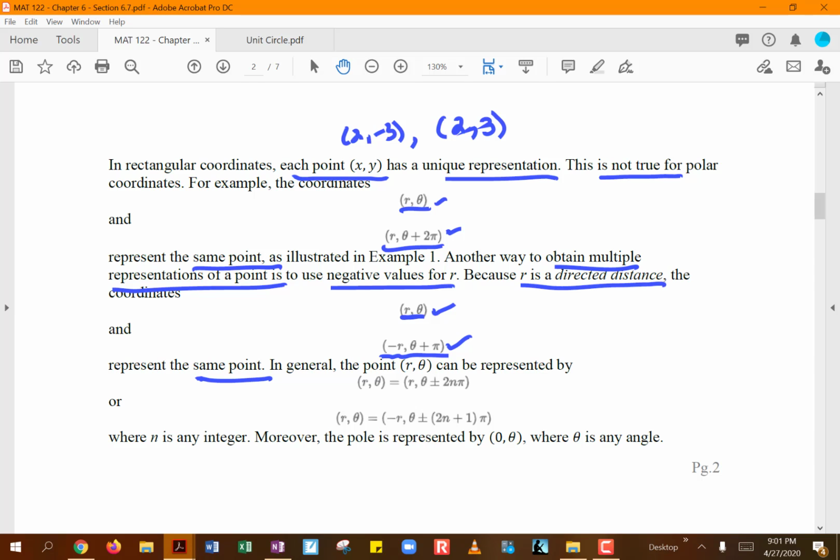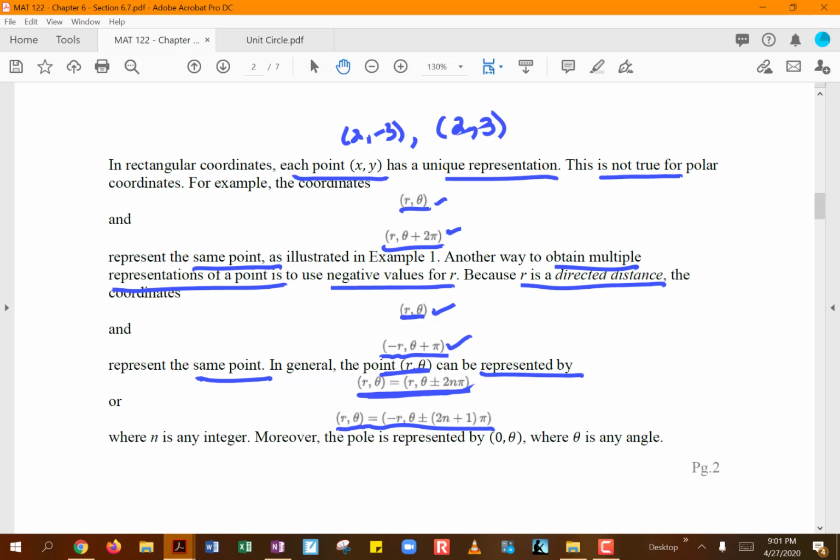So we are saying in general, the point r comma theta can be represented by either adding or subtracting multiples of 2 pi from your angle, or for the same point r comma theta, you can take a negative value on your r and then add or subtract multiples of pi from your angle theta.